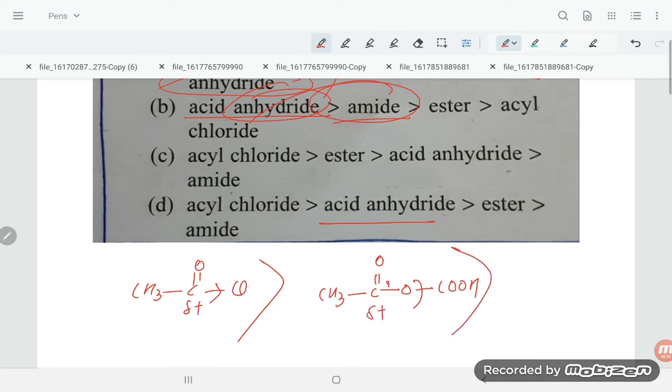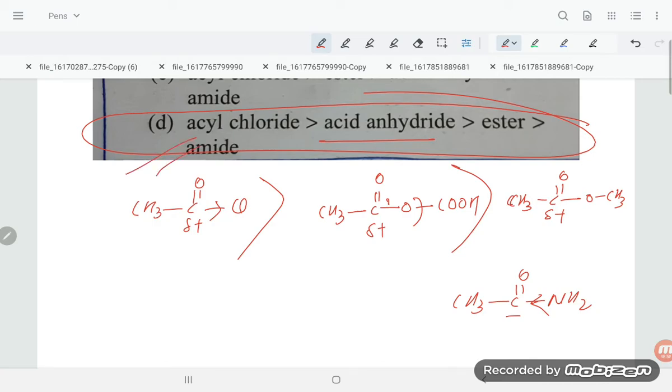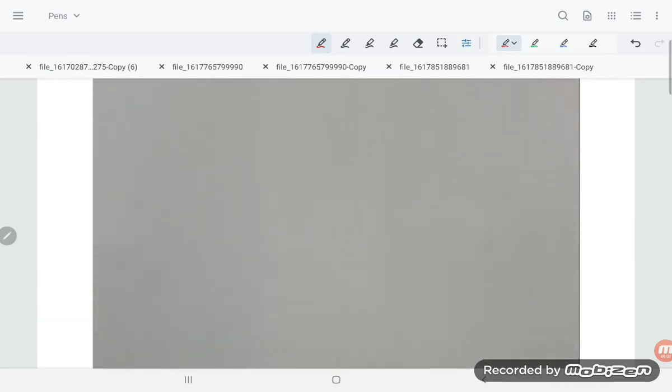Esters, CH3 C double bond O and C double bond OR, CH3, so here also it will have a positive center. And lastly the amide, CH3CONH2. The NH2 group is an electron donor group, so it will be negative. So the correct option is option number 2: acid chloride, acid anhydride, ester and amide.